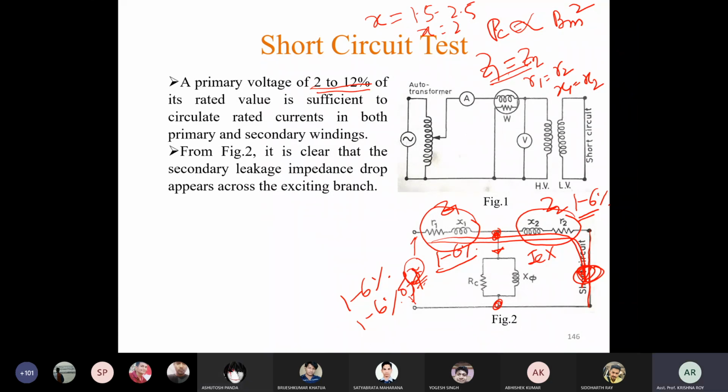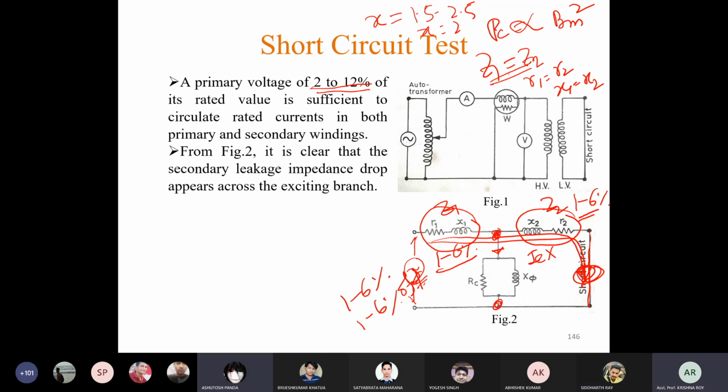Yes, sir. Eddy current loss is proportional to Bm square, that is fine. Hysteresis loss is proportional to Bm to the power x, whose value lies between 1.5 to 2.5. So if we take x equal to 2, then hysteresis loss is also proportional to Bm square. So we can say core loss is directly proportional to Bm square, approximately, right?